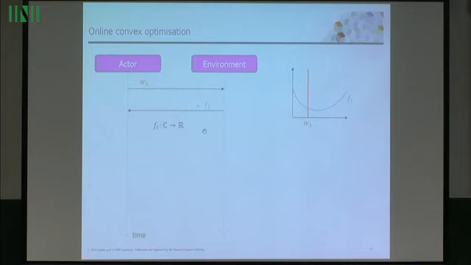Again, this loss function must be convex, so it's a convex function on a convex set. Then it responds with loss, and we rinse and repeat. We give another action, and now the environment responds with a different loss function. There's no reason that these two functions must be the same.